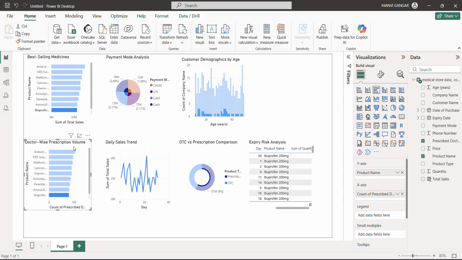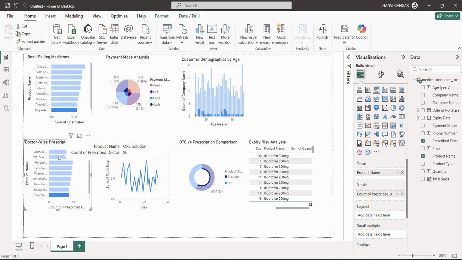Then we can also analyze which doctor is prescribing how many medicines, or what is the volume that they're prescribing. All this data is really useful during RCPA, during stock decisions, how much stock to keep in. And majorly it's used in RCPA when we have to provide a detailed review to the pharmacist or the chemist.